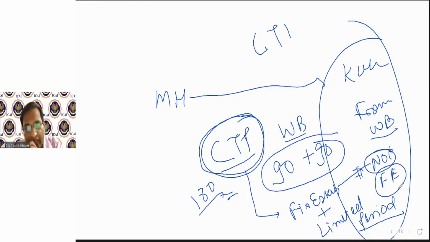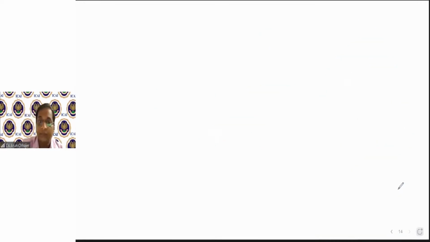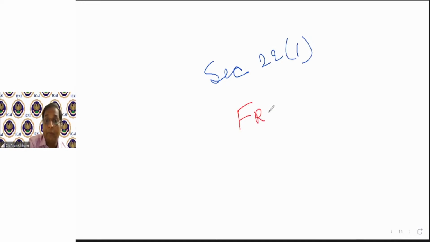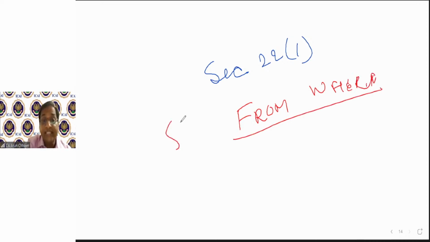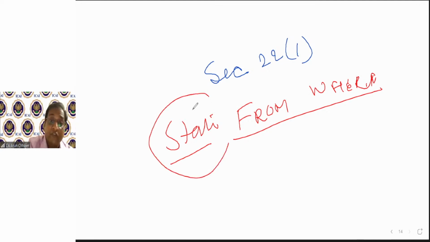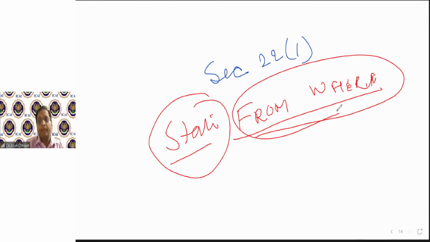Because I am doing the business from any other state, so I have to take registration. One thing is very, very clear. In section 22, subsection 1, what we have discussed, this important term, from where. कौन से स्टेट में रजिस्ट्रेशन लेना है? उस स्टेट में जहां से मैं टैक्सेबल सप्लाई कर रहा हूं. The state from where I am making the taxable supply.